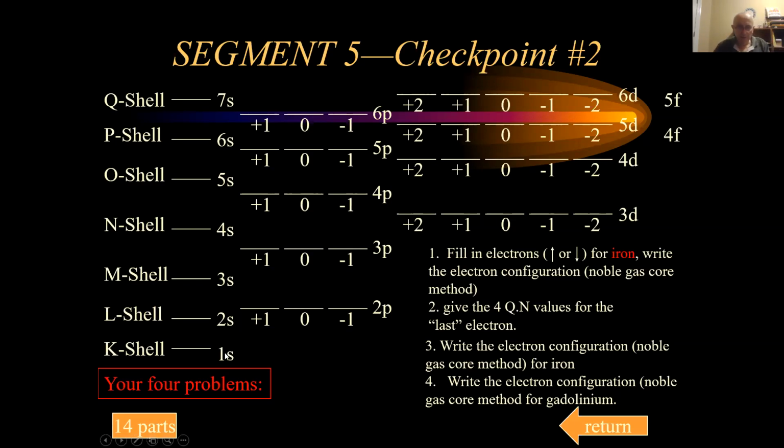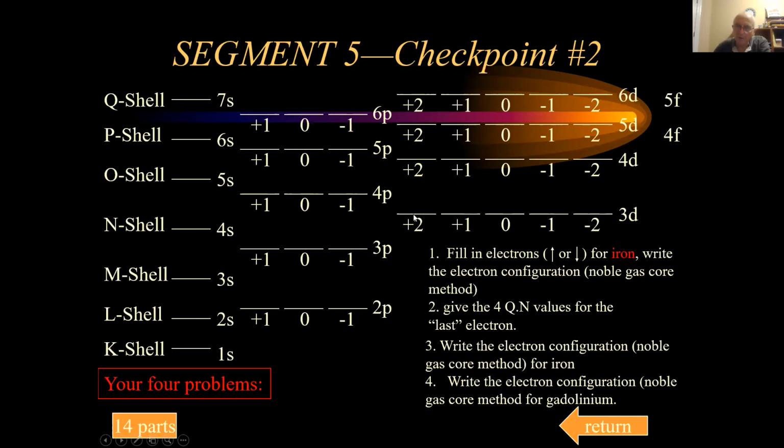I'm going to go 2, 4, 6, 8, 10, 12, 14, 16, 18, 20, 22, 24, 26. I'm going to put 6 electrons into the d set. All of the others are going to have 2 spin paired ones.